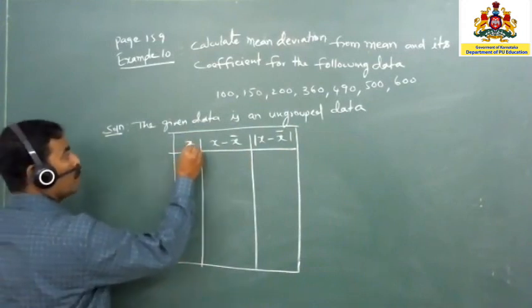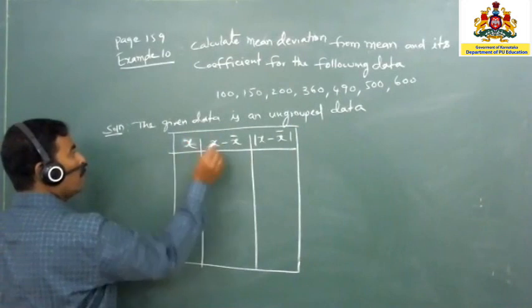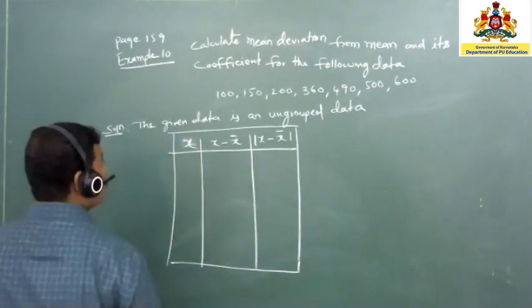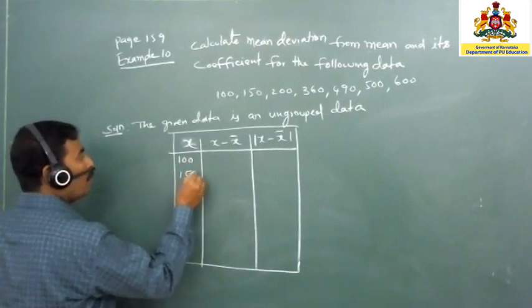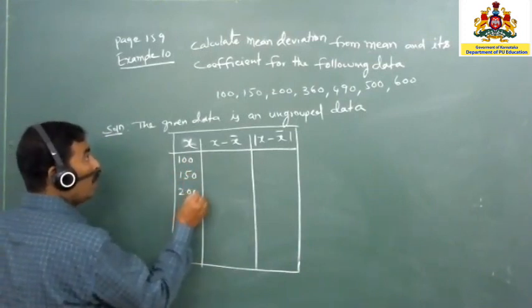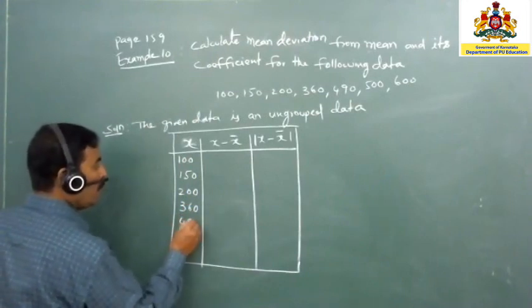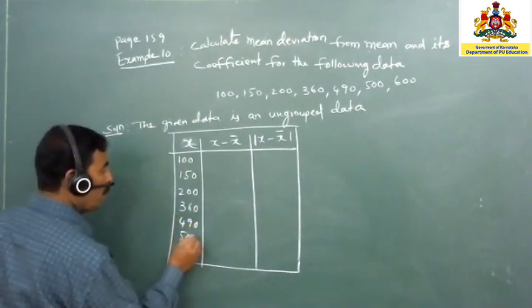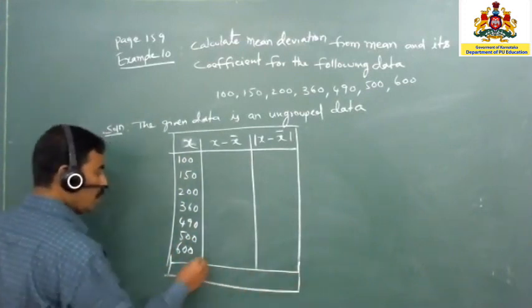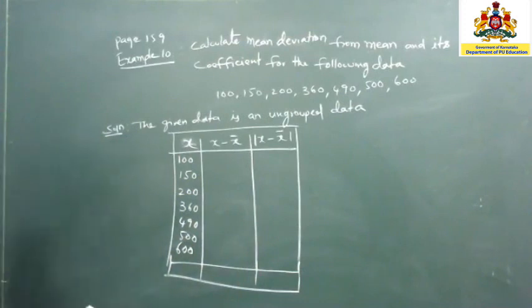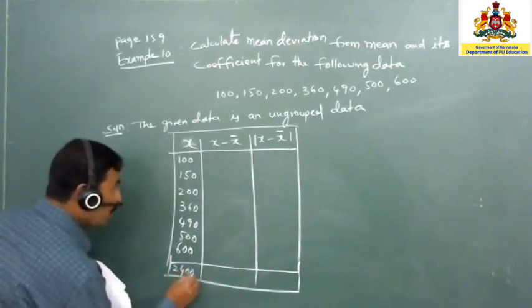Enter the given values as x values: 100, 150, 200, 360, 490, 500, 600. The total is 2400.